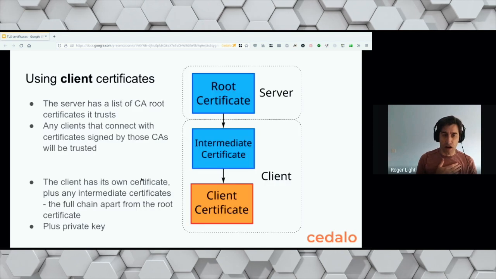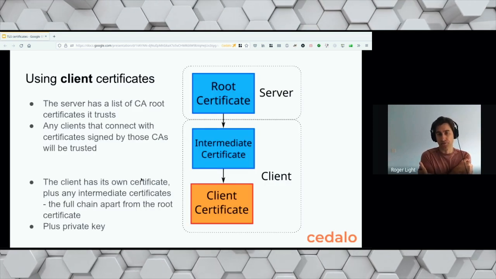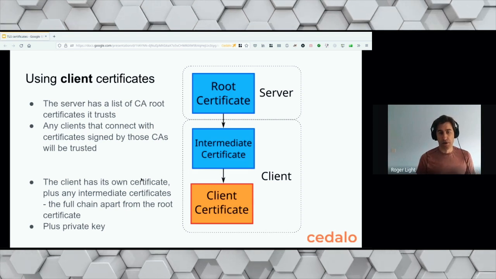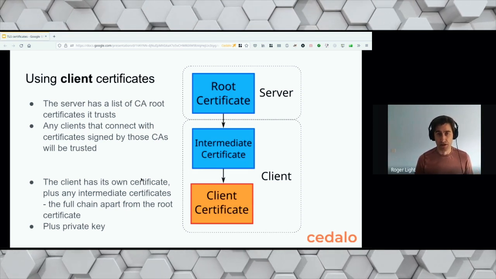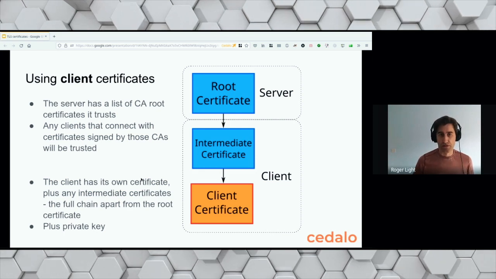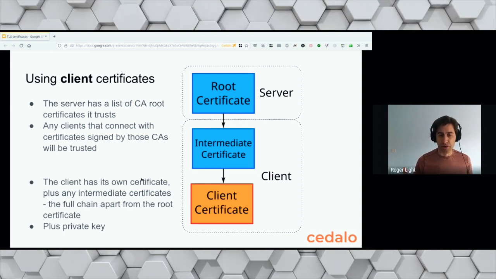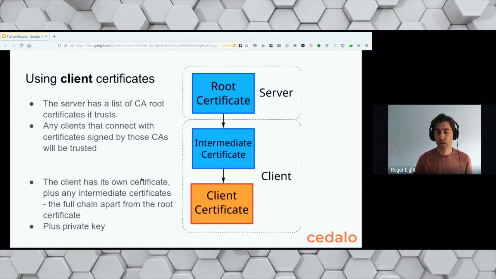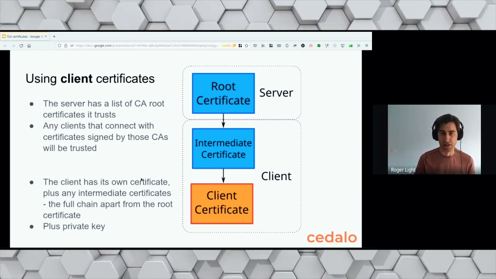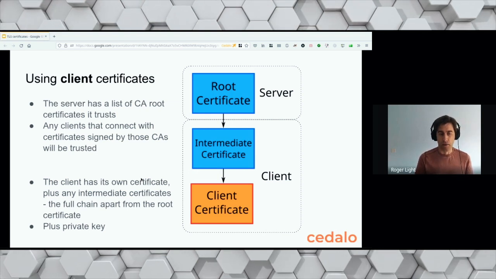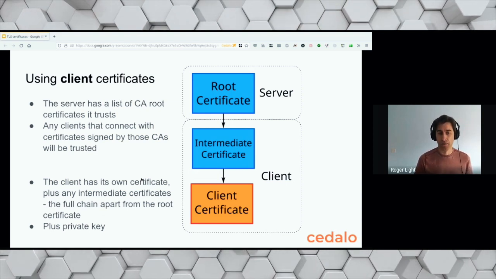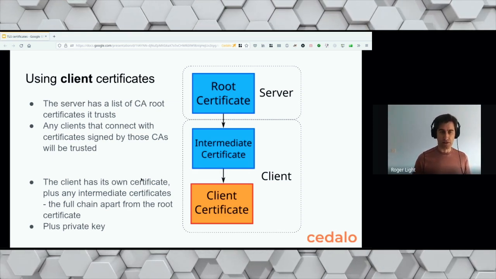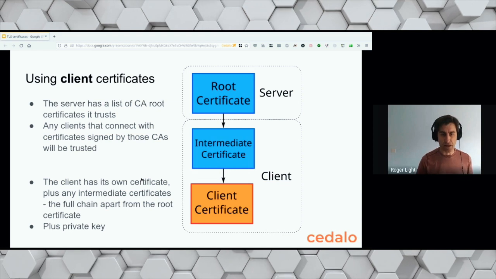Now, I've put here that we've got the intermediate certificate there. In the case of client certificates, when I'm generating these certificates through the web page on test.mosquitto, I don't have an intermediate. It's just the root certificate and then the client. The same argument applies about the security of the root certificate, but maybe you might be less inclined to use an intermediate.